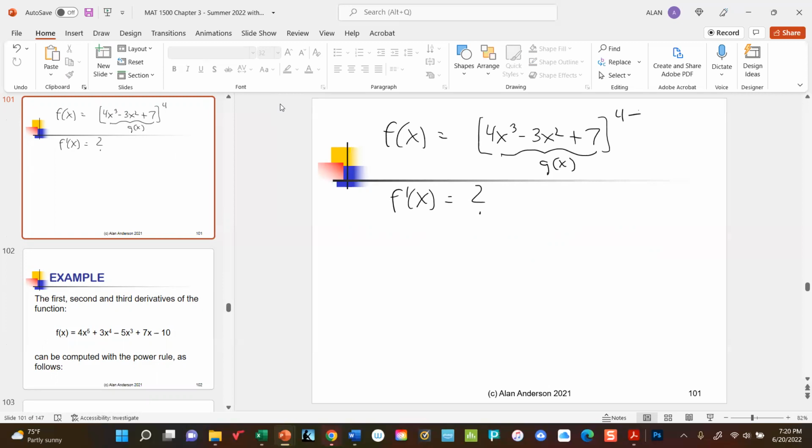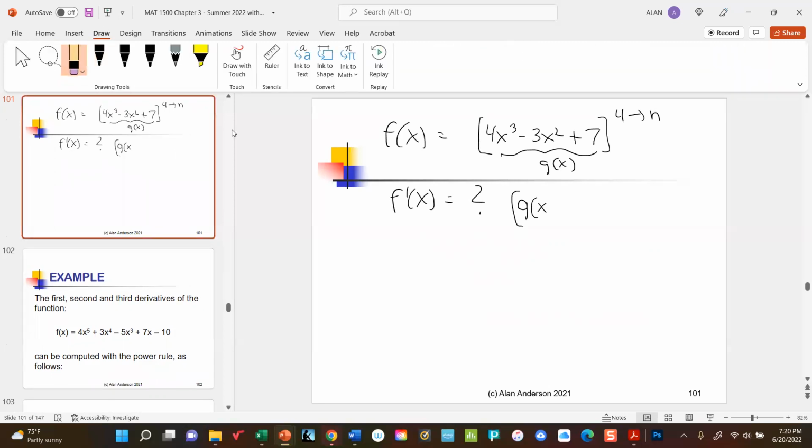This is n. And so remember, this rule is... So we actually already have everything we need, except we don't yet have g prime of x.